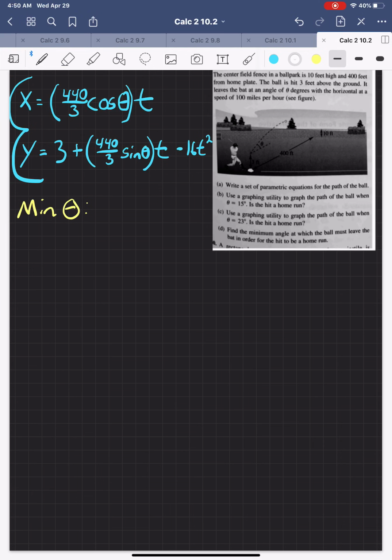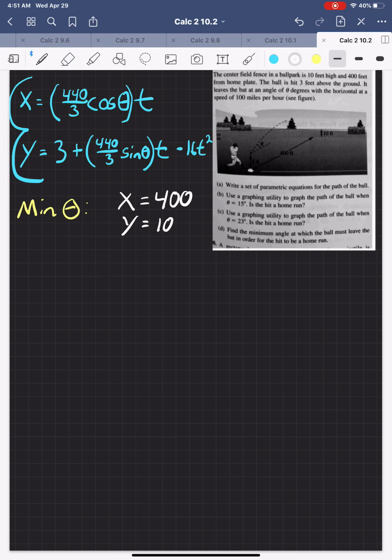So we're going to let x equal 400. We're going to let y equal 10, and then we're going to start to do some math here. So our first goal is we need to figure out the t, the time, right? So x is 400 or y is 10.